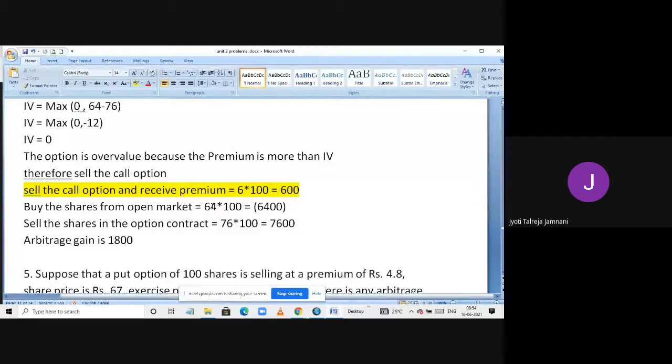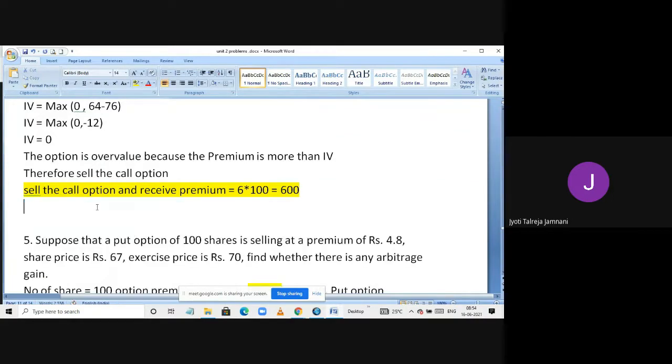So 600 premium plus 1200 rupees extra I am gaining, which is not possible in real life. Nobody would do that. So here also this part I'm deleting it. This is a correction. Whenever there is intrinsic value 0, the option gets lapsed.